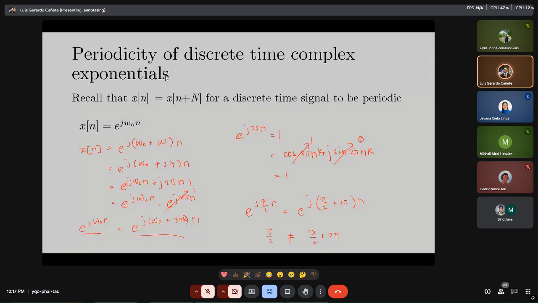It's like saying that there is only a subset of numbers that you can use to represent frequencies in the discrete time case. And this is true.